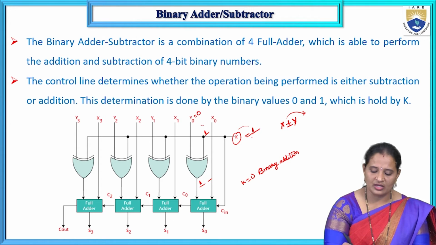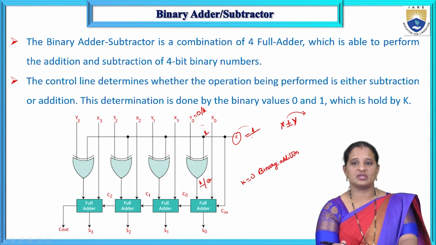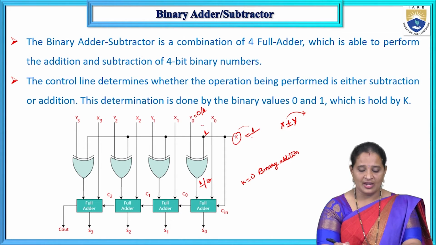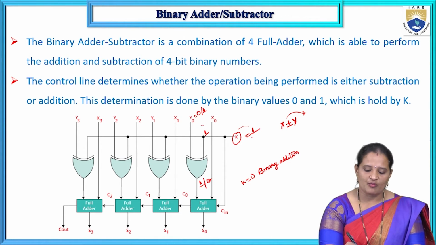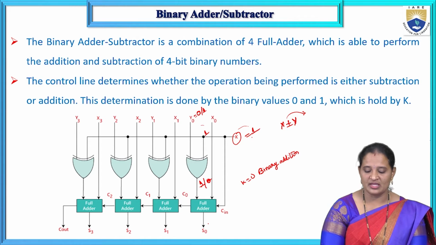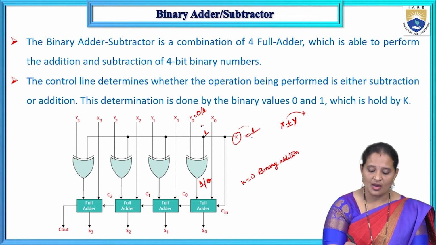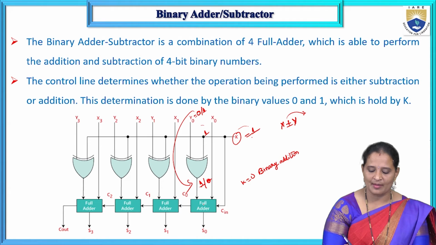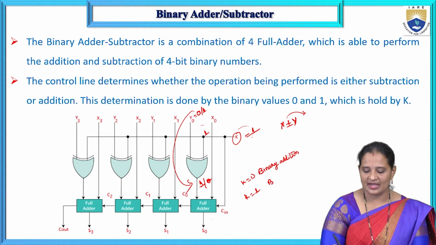When y0 is equal to 1, the output is equal to 0. So what is happening here? When the input is 0, it is getting complemented. When the input is 1, it is applied as 0 to the full adder. So that means when the k input is 1, y is getting complemented and applied to the full adder. That means it performs the binary subtraction.